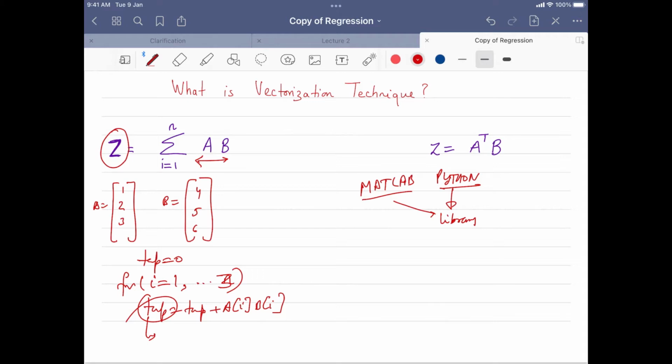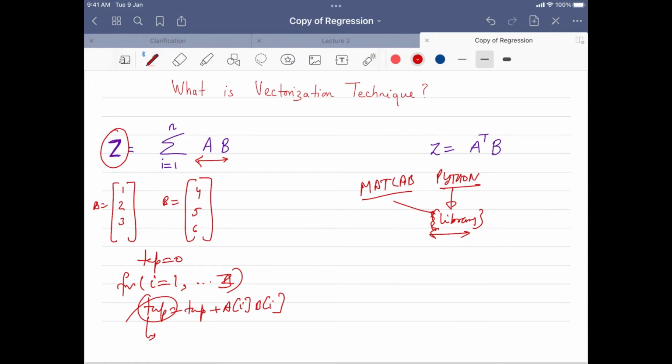What I'm trying to say is their programming skills are at a very top level, and they can implement these operations much faster. If you did the same thing, the time taken by you would be more compared to the way they have coded. So these libraries in Python and MATLAB are highly optimized and very fast.